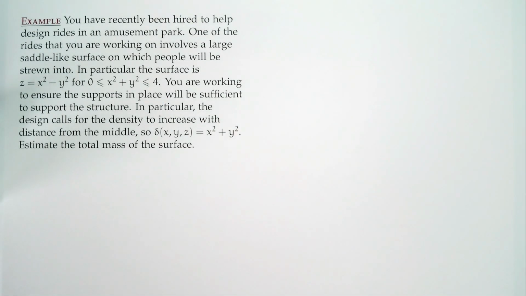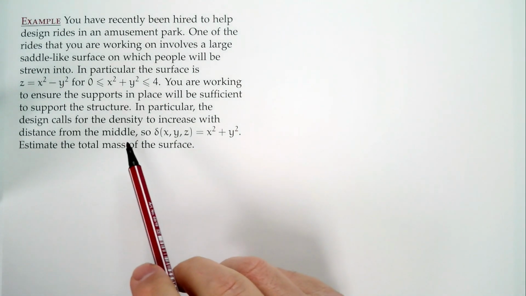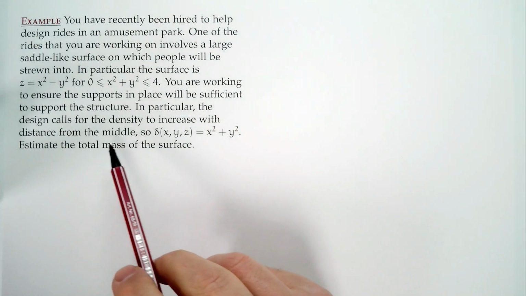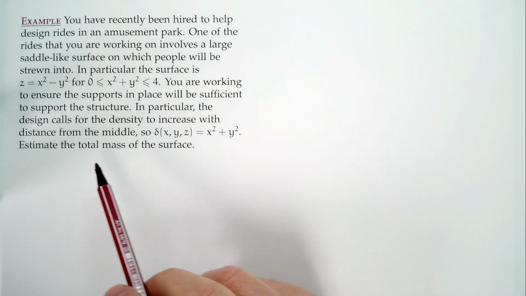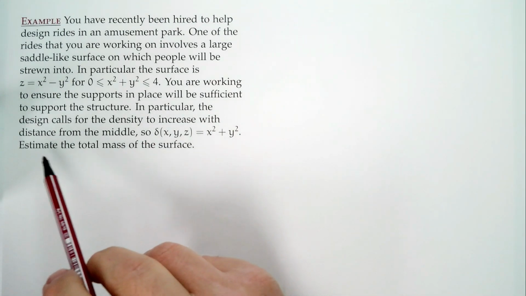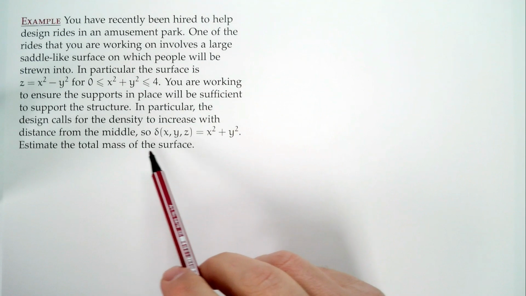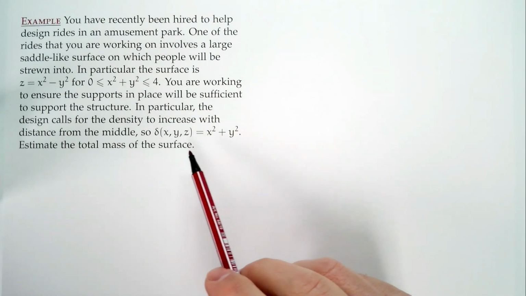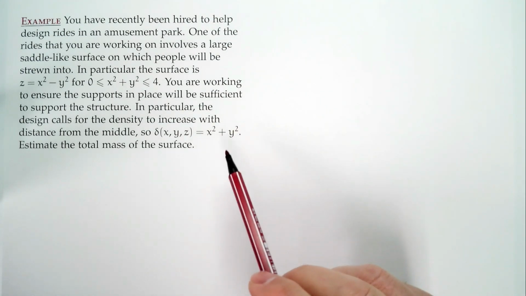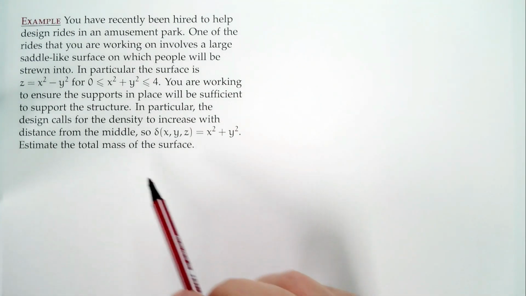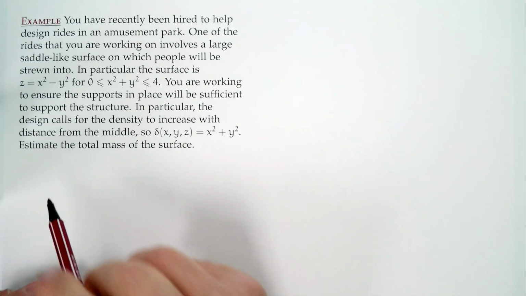Now you're working to ensure the supports in place will be sufficient to support the structure. In particular, the design calls for the density to increase with distance from the middle. So delta of x, y, z is x squared plus y squared. Estimate the total mass of the surface.